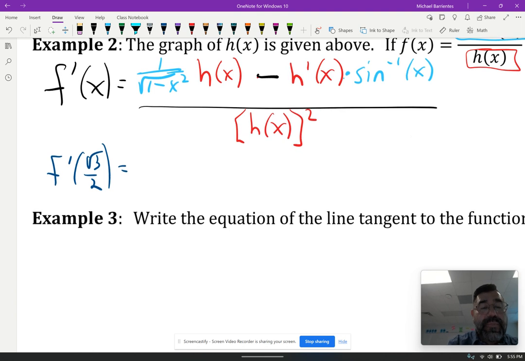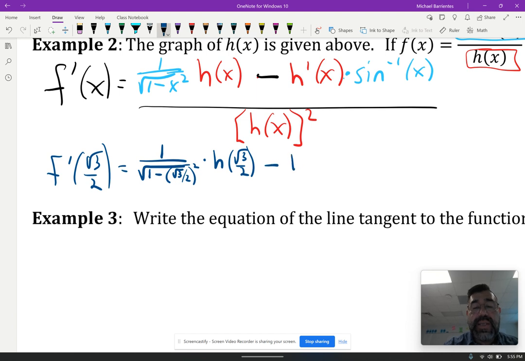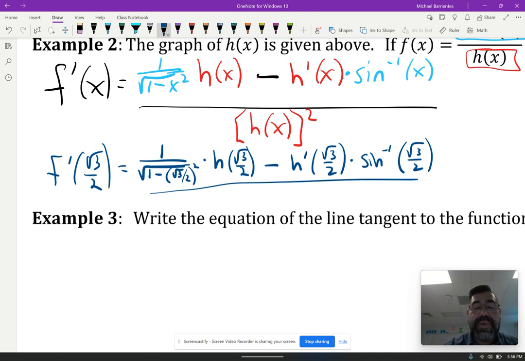I'm going to zoom in. 1 over the square root of 1 minus square root of 3 over 2 squared times h of square root of 3 over 2 minus h prime at square root of 3 over 2 times the sine inverse of square root of 3 over 2, all divided by whatever h of square root of 3 over 2 is, quantity squared.